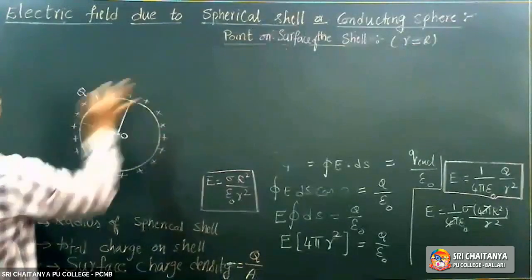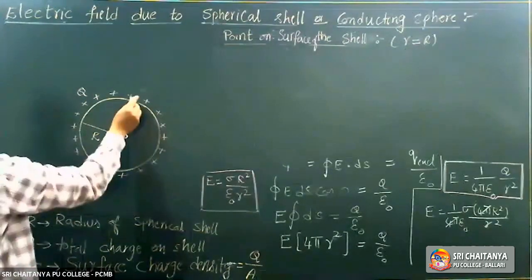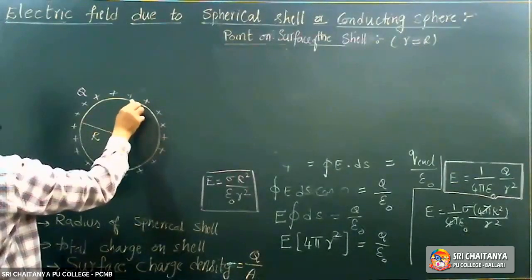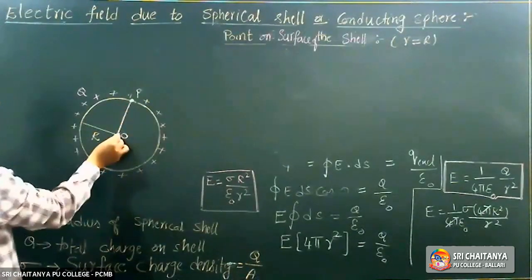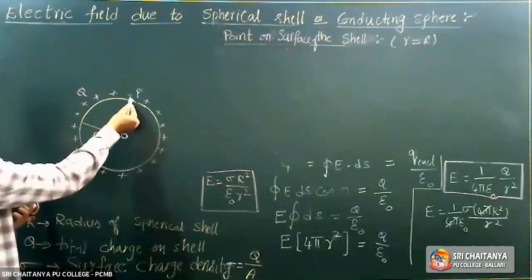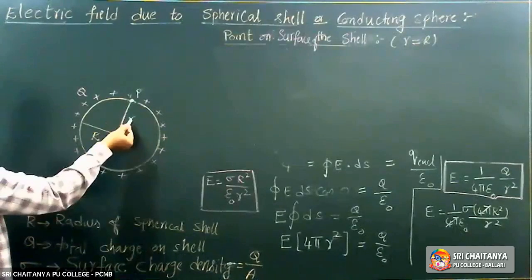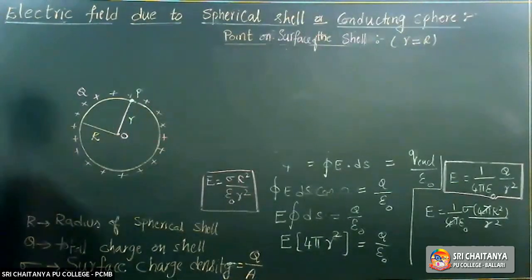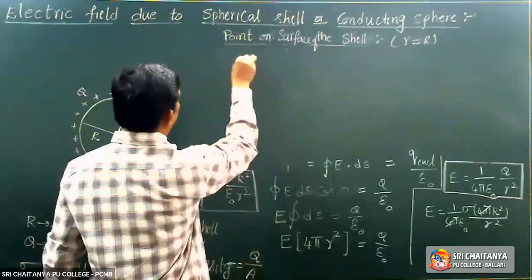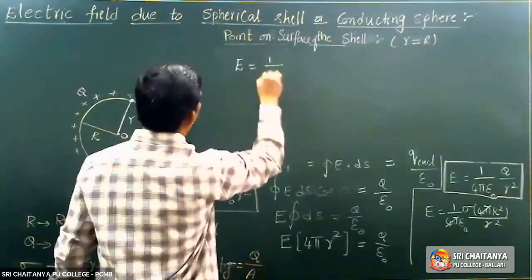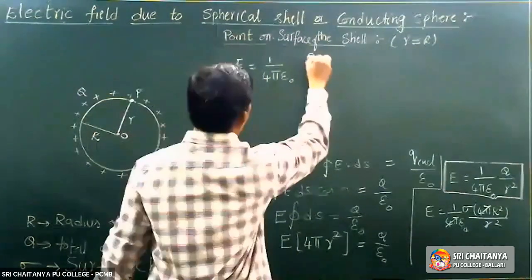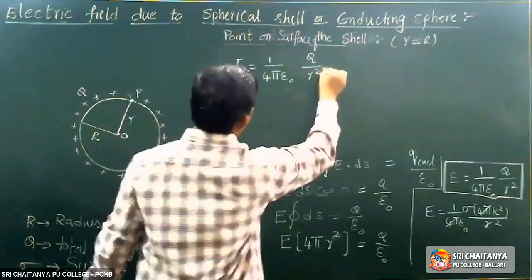For the point on the surface, where is the point now? Here is the point. From the center to the point, the distance is r. When the point is present on the surface, small r is equal to capital R. So we have a formula outside: E is equal to 1 by 4 pi epsilon naught q by r square.